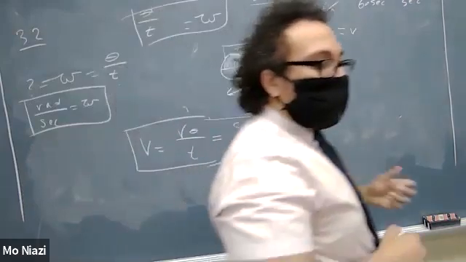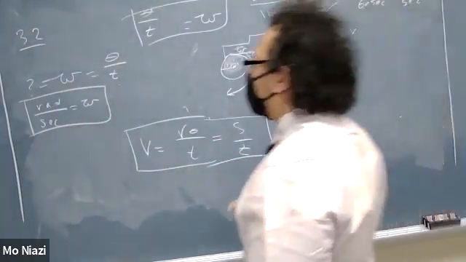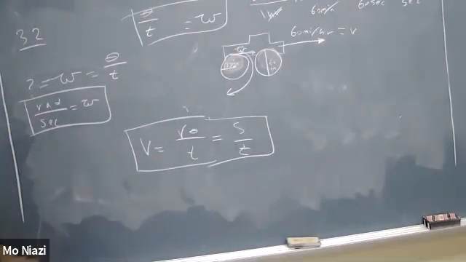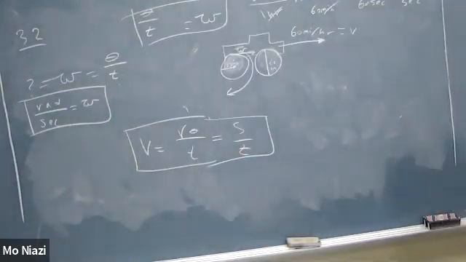Okay. Now, I have it in a length over seconds, but I need it to be a radians over second. What am I going to do, guys? How can I achieve this result?